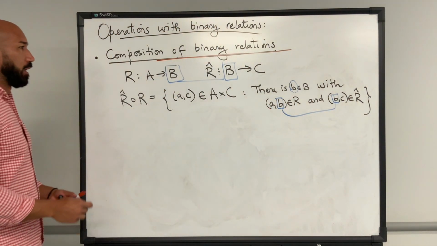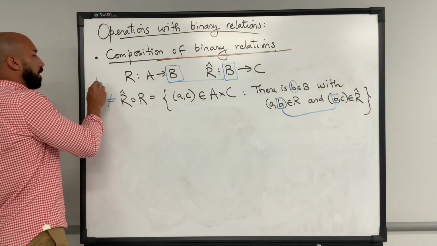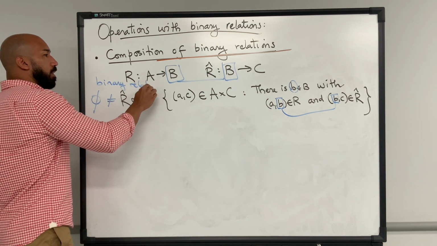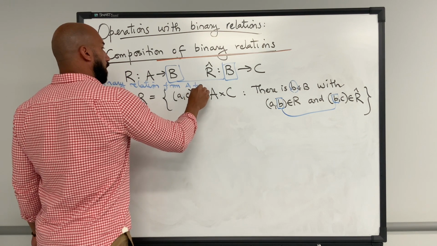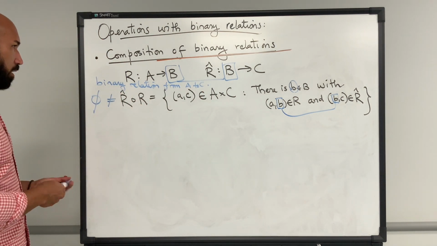Is that okay? So, and as long as this is different from the empty set, in that case, this is gonna be a binary relation from A to C. Okay? So let's see an example.